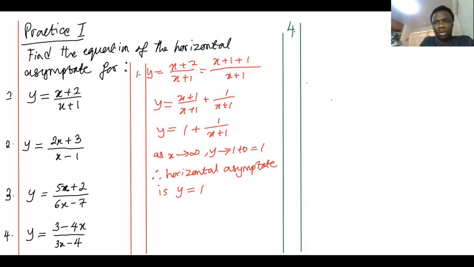Anyway, now y equals 3 minus 4x divided by 3x minus 4. Okay, so the first thing I advise you do is rewrite it by rearranging this as that.